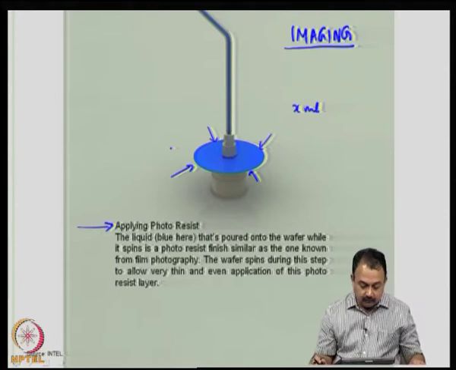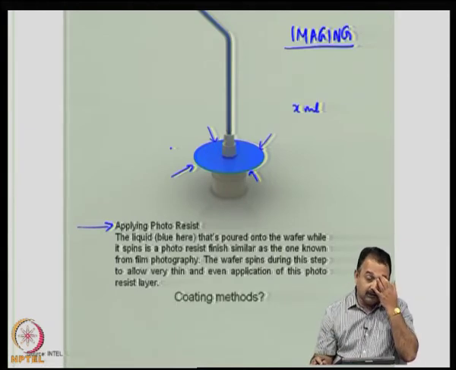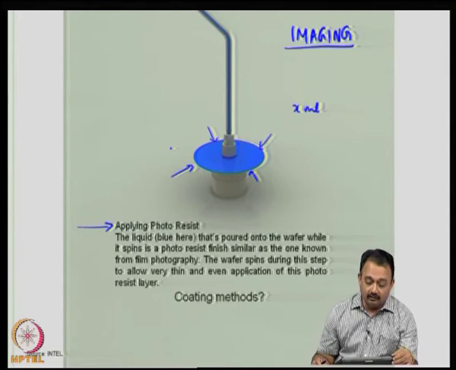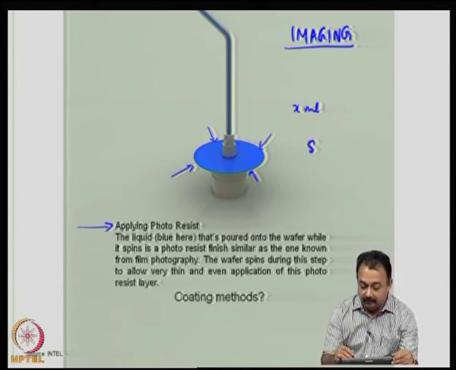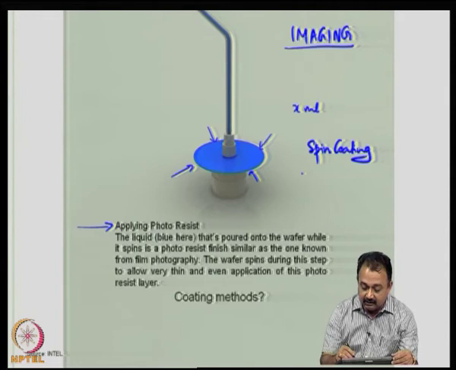Now, what are the coating methods that one can employ? Typically, in the semiconductor fabrication industry, people use what is known as spin coating, which is a very common method. There can be instances where people use curtain coating.